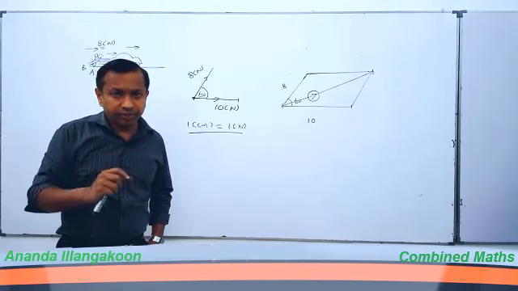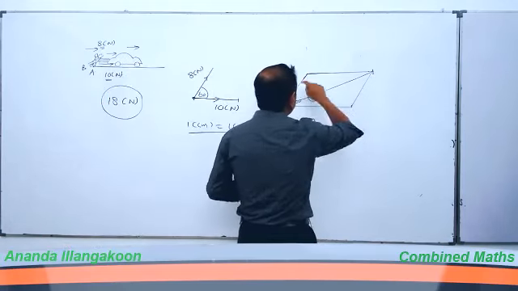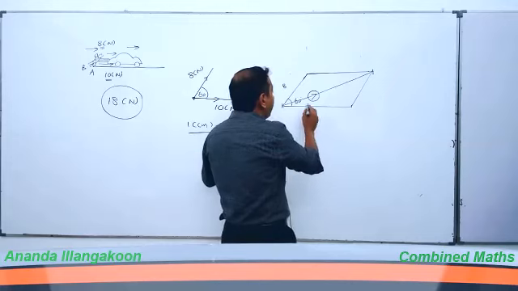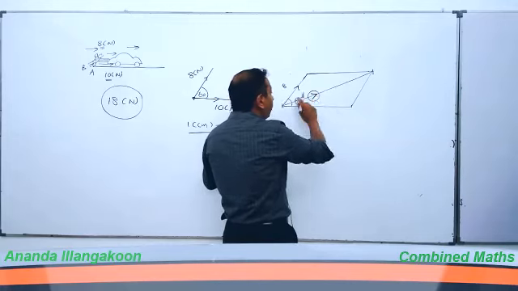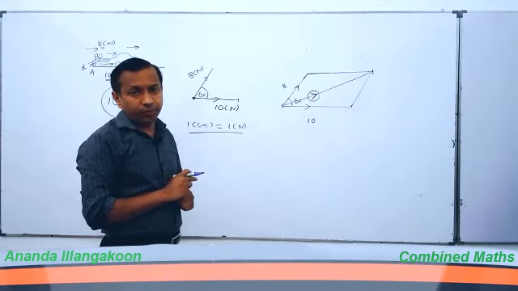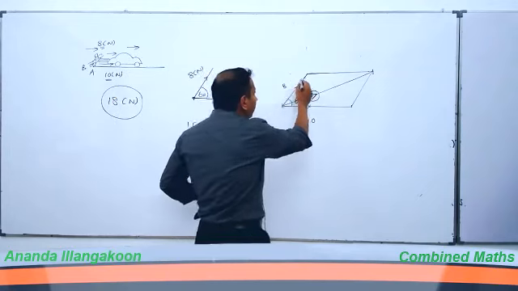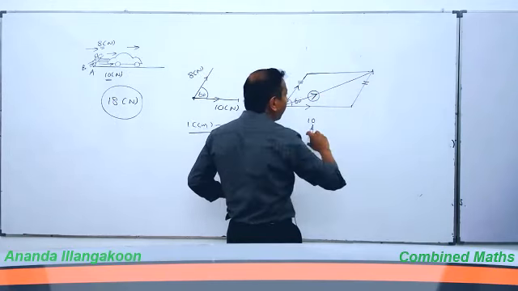People, now I will give you another idea here. This is the parallelogram. This force is 10 Newton, this is 8 Newton, and this diagonal gives the resultant of the 8 and 10 Newton forces. In this parallelogram, this side is equal to this side, and these two sides are parallel.